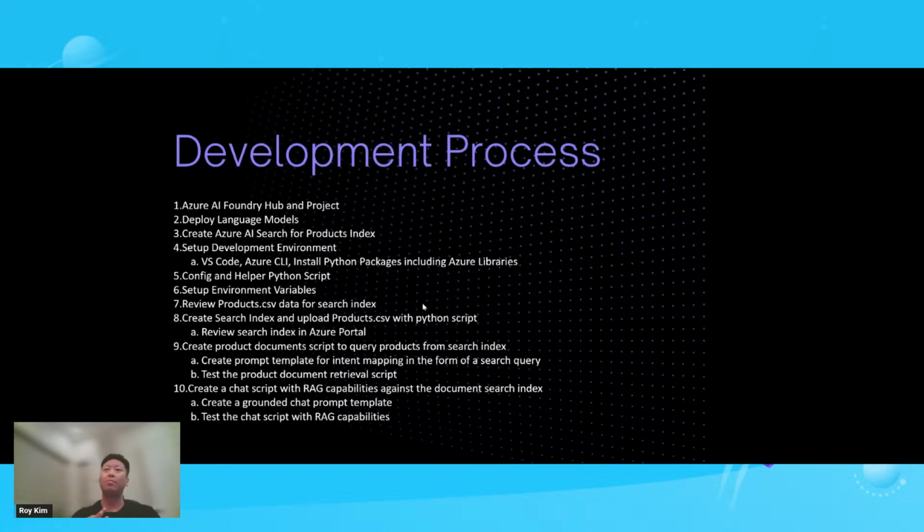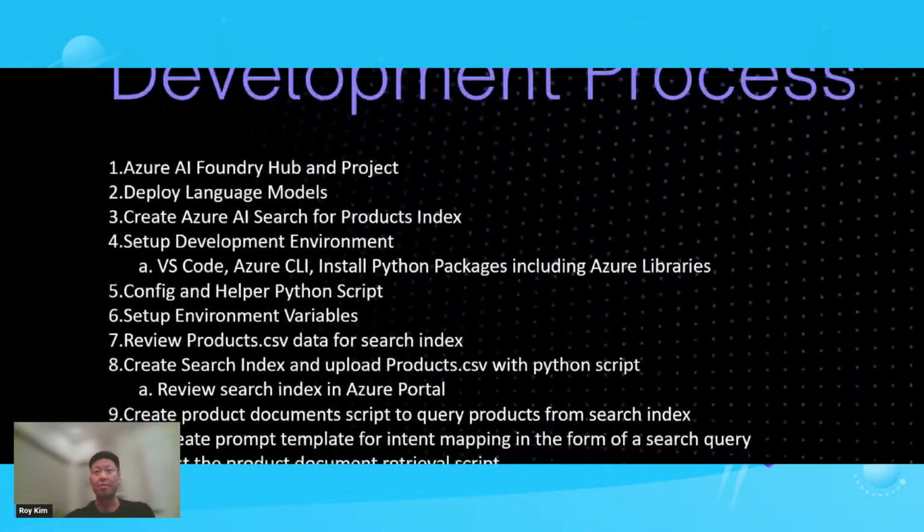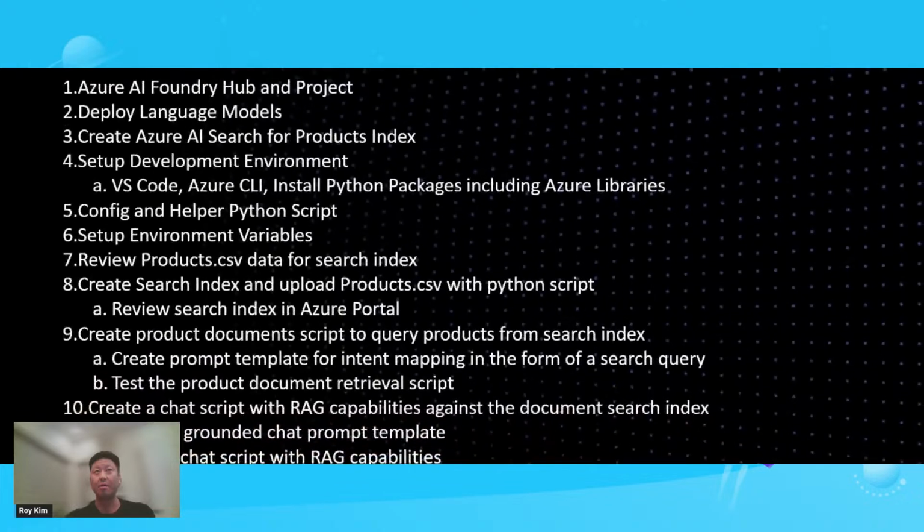So what's the general development process to make this chat application with retrieval augmented generation? Let me zoom in a bit here. First we start off with creating the Azure AI Foundry hub and project.